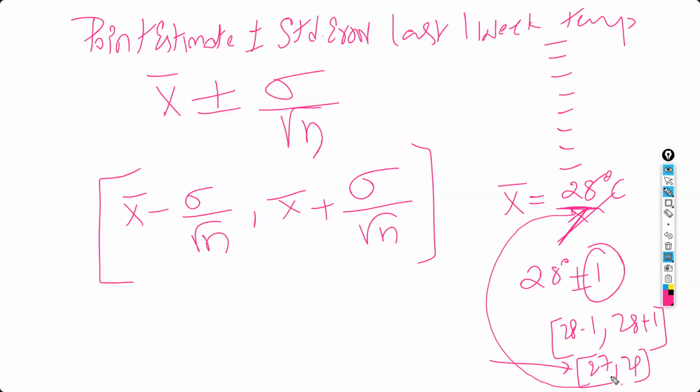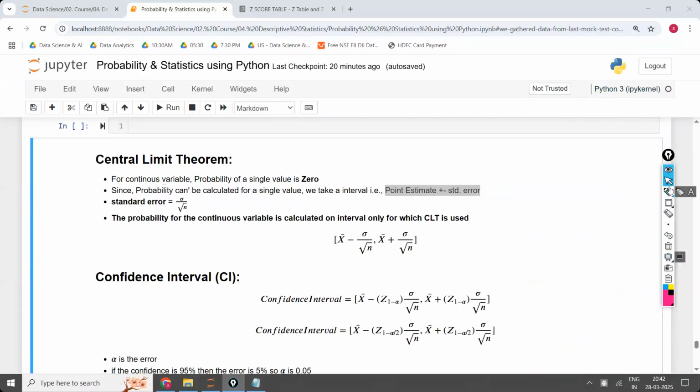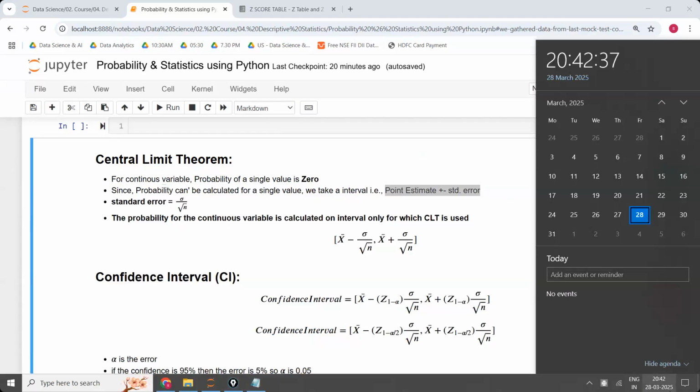Is the point clear, everyone? Okay, is everyone clear or not clear?